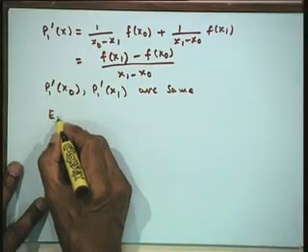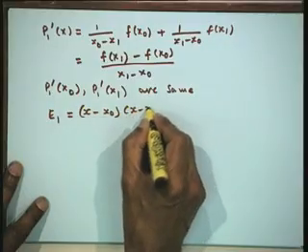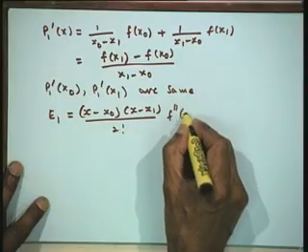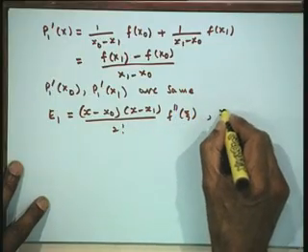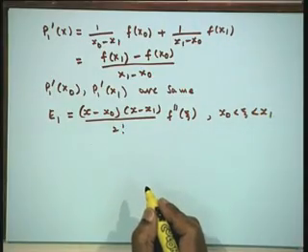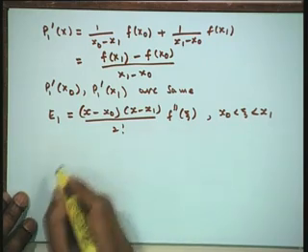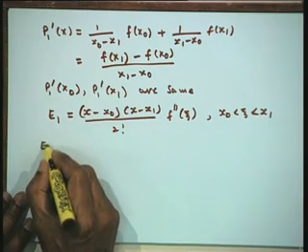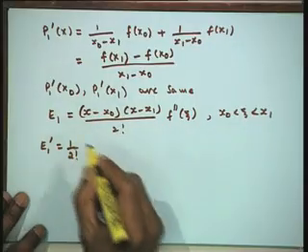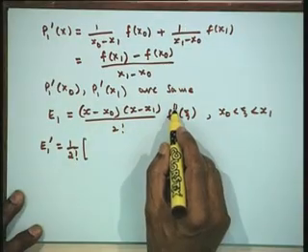Now, error E 1 is (x minus x naught)(x minus x 1) divided by factorial 2 times f double dash of xi, where x naught is less than xi less than x 1. Now, let us differentiate it. So, I will have E 1 dash equal to 1 upon factorial 2. Let us repeat this: I am differentiating this as a product.